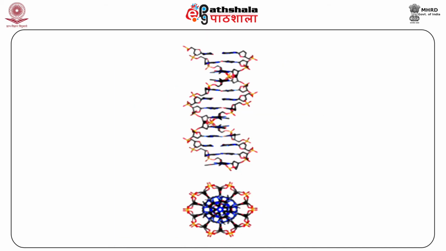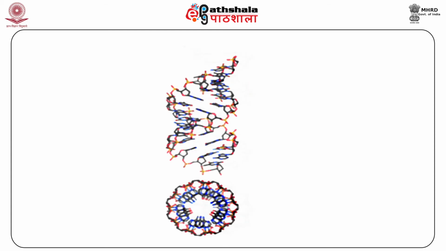B-DNA is the one deciphered by Watson and Crick. Both strands are in a right-handed turn. It is formed under conditions of very high humidity and thus corresponds to the structure of DNA under physiological conditions. It has around 10 base pairs per turn. It has a wide major groove and a narrow minor groove.